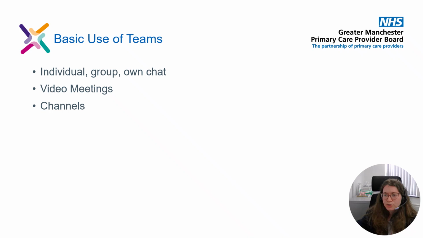And you can also do video meetings, and again, these can be in groups or one-on-one, and you can share your screen and share documents. So that's really useful. And then the main thing that I'm going to talk about is using channels, which are the sections that your teams are divided into, and it allows you to organize your files and information into specific areas within your practice team.